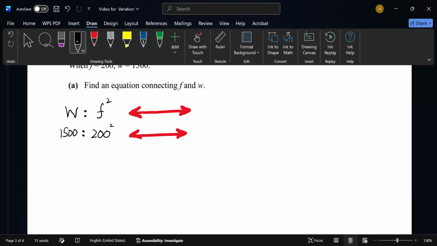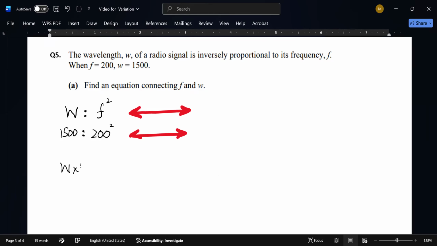Therefore, W times F squared is equal to 1500 multiplied by 200 squared.